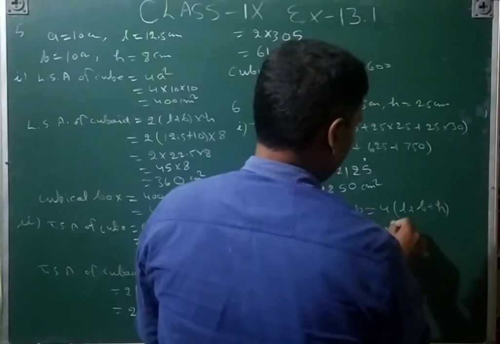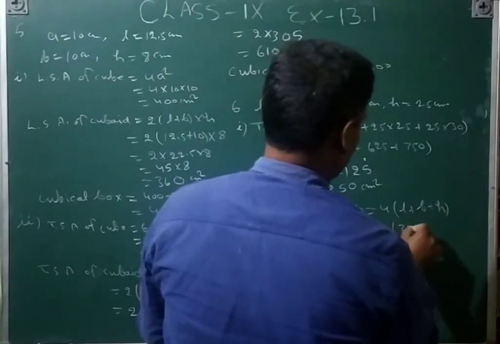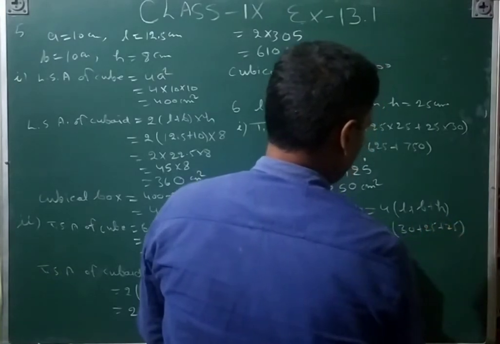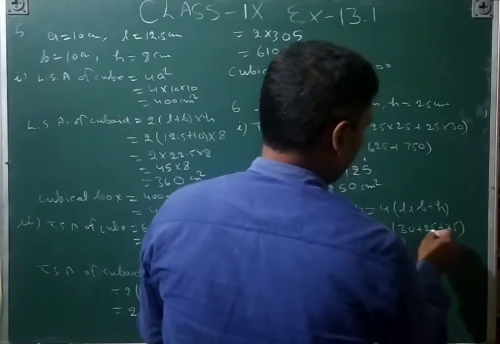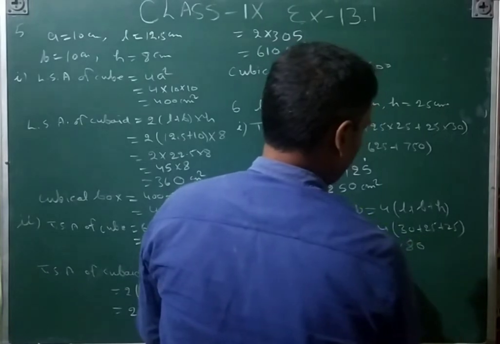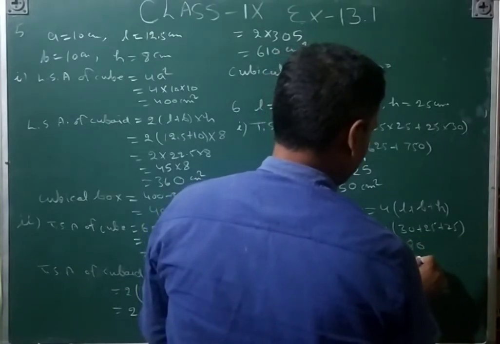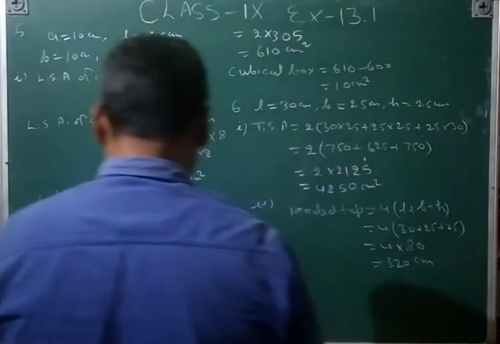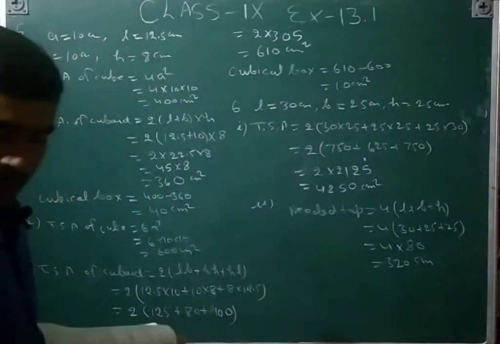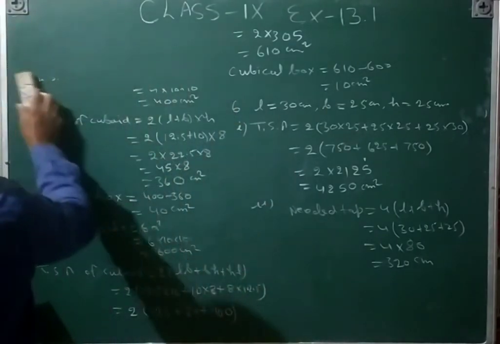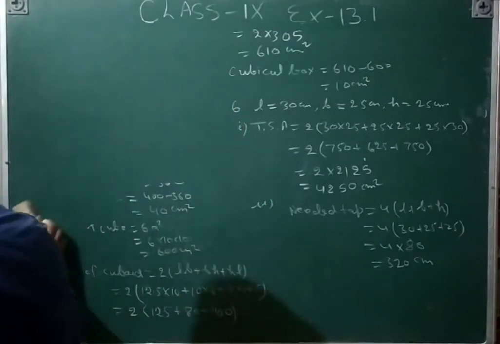So 4 bracket L is 30 plus 25 plus 25, that will be 4 into 80. So that is 8 4 ja 32, 320 centimeter, 320 centimeter.